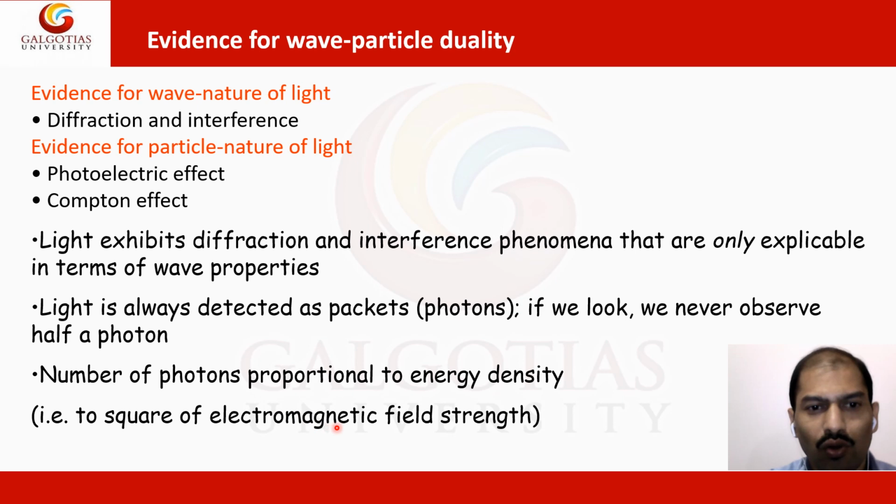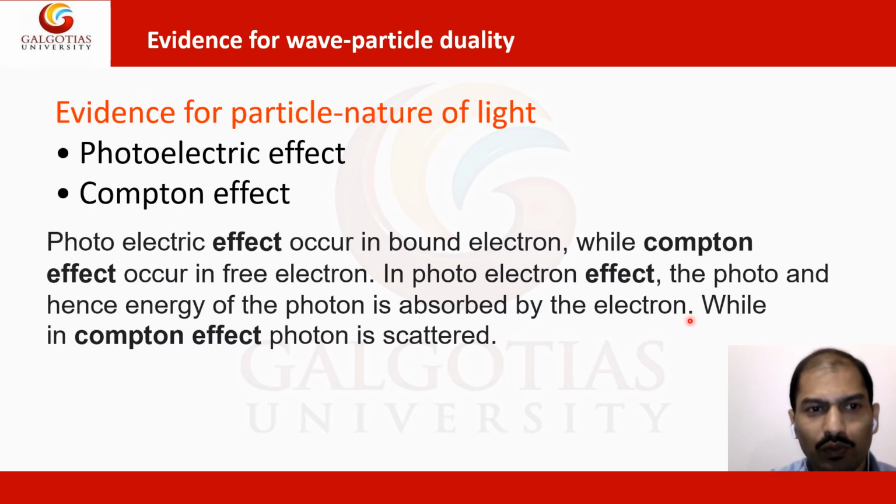So light is always detected as packets called photons. The number of photons is proportional to the energy density. Now if you look at the evidence from the photoelectric effect and the Compton effect: the photoelectric effect occurs with a bound electron, while the Compton effect occurs with a free electron.